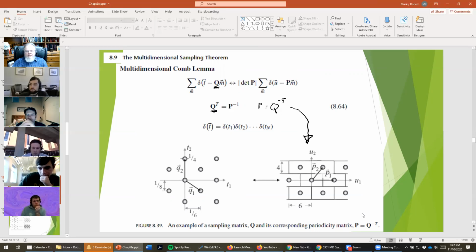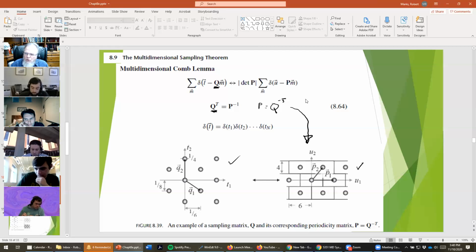In two dimensions, a periodic replication of Dirac deltas in the time domain corresponds to a periodic replication of Dirac deltas in the frequency domain. So this is a result where you look at it and you say, yeah, I can see that a comb Fourier transforms to a comb. A bunch of Dirac deltas over here should transform to a bunch of Dirac deltas over here.